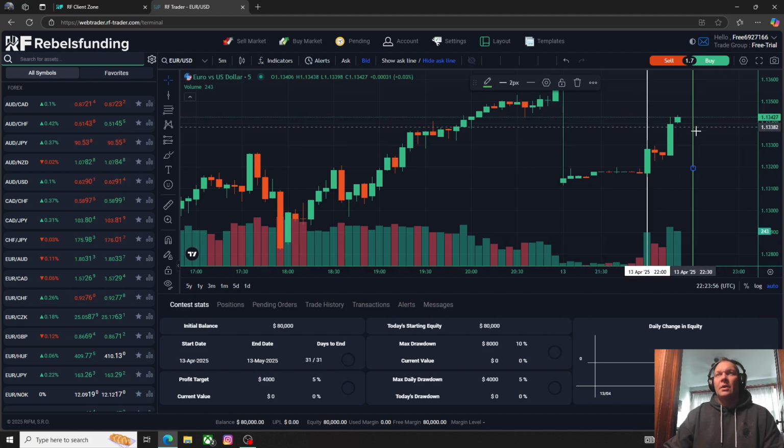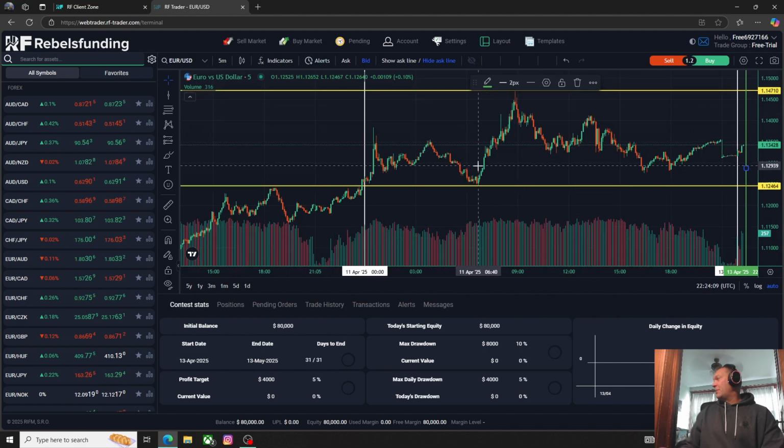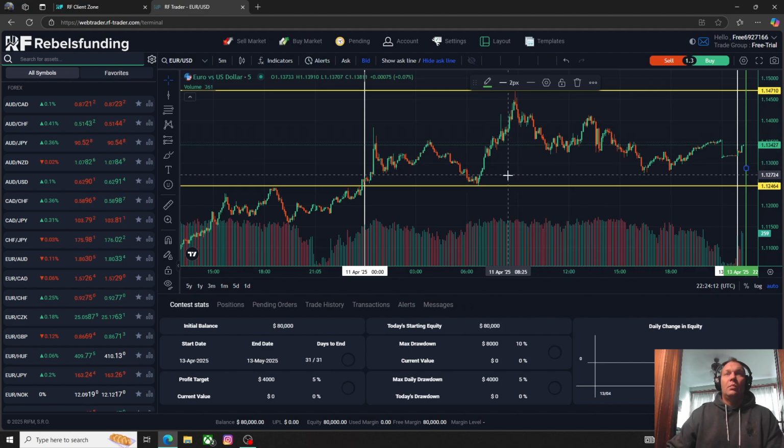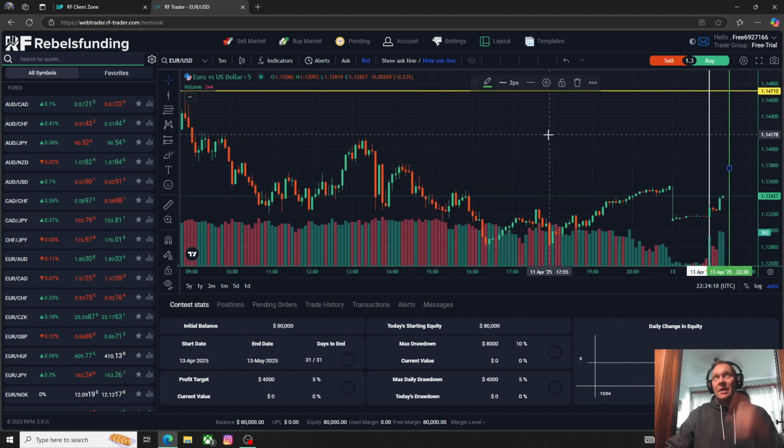Okay, so this green area here is going to be our beginning point when the market opens tonight, as far as Forex is concerned. And then you're going to see top and bottom here, where this is our range from the previous day. So we're just going to keep that in the back of our mind.